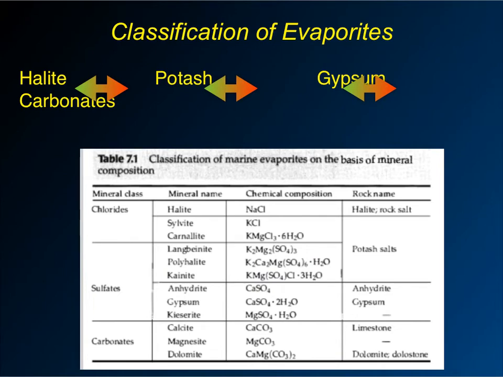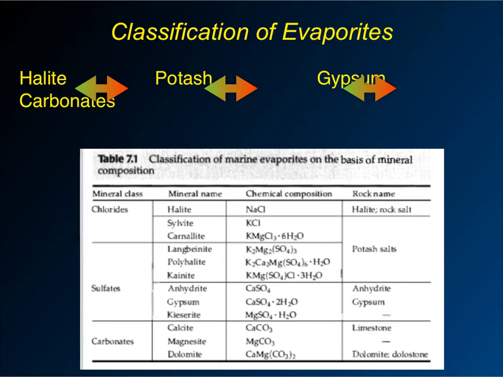So if we look at how evaporites are classified, again, the type of evaporite you get is a function of the minerals that are in the lake water. So, if you don't have any calcium or sulfate in your water, you're never going to produce gypsum. In fact, some lake basins you don't get gypsum, you might just get, say, calcium carbonate.